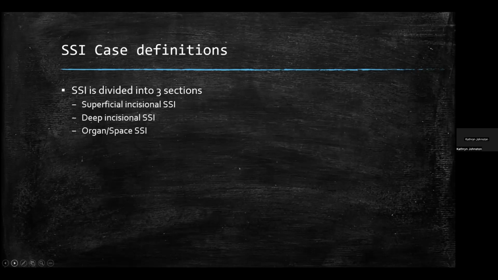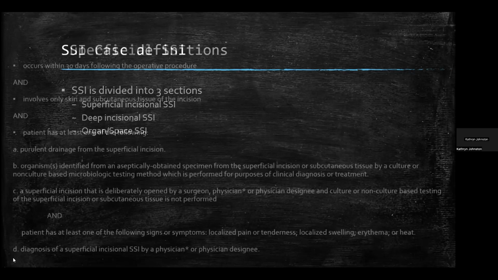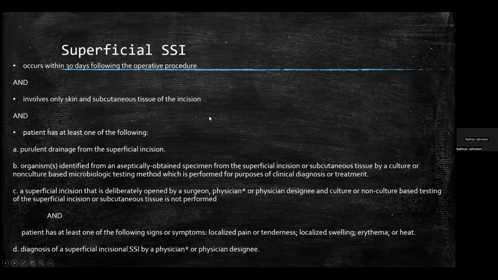Superficial incisional infections occur within 30 days of the operative procedure, and the deep incisional and organ space surgical site infections occur within 30 or 90 days of the operative procedure. And so you have to follow them out for a little bit longer. So I'm going to talk about each of these 3 briefly. And I do mean briefly.